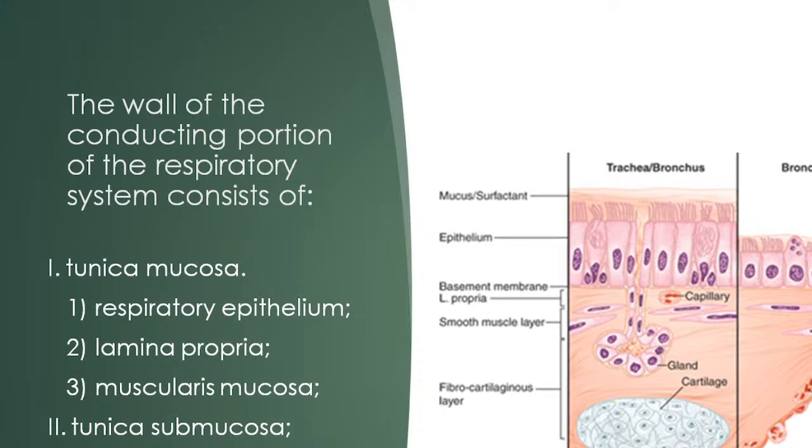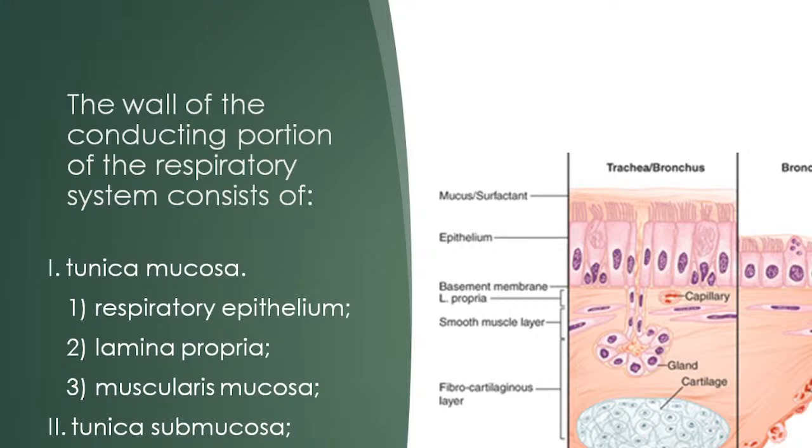These lymphoid cells can produce immunoglobulin A, and this immunoglobulin has a role of defense against invading microorganisms, some bacteria and viruses. Immune defense provided by immunoglobulin A.